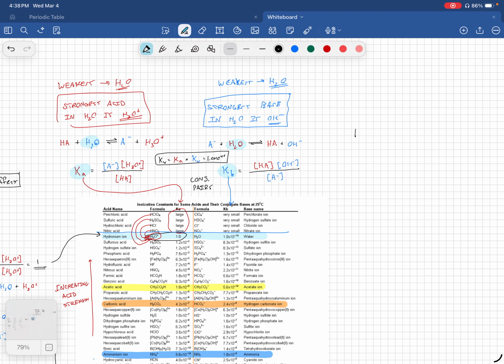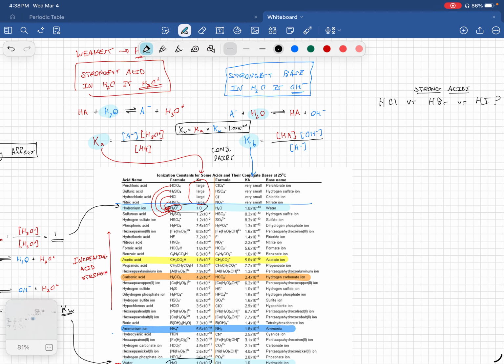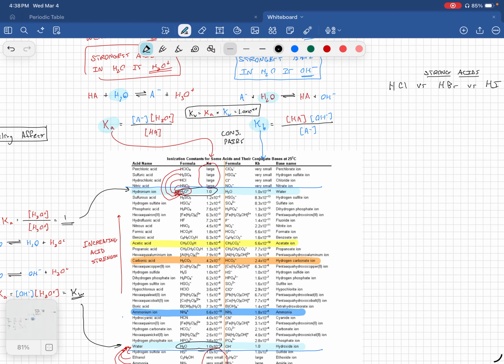So how then would we measure strong acids? Because remember, the reason we call these strong acids is because when water is the environment, they will 100% ionize.